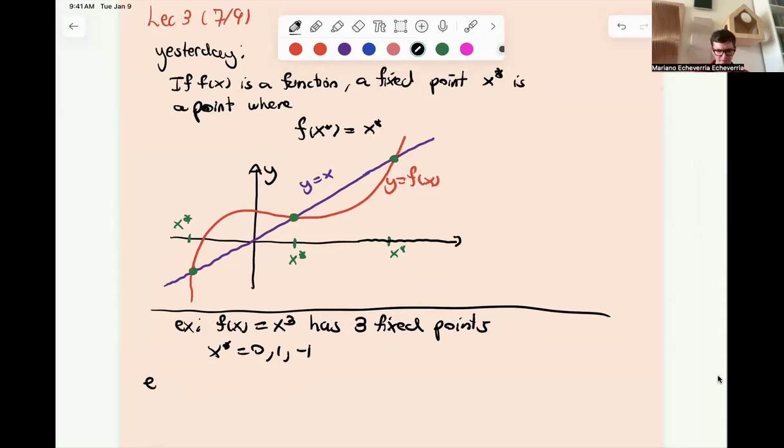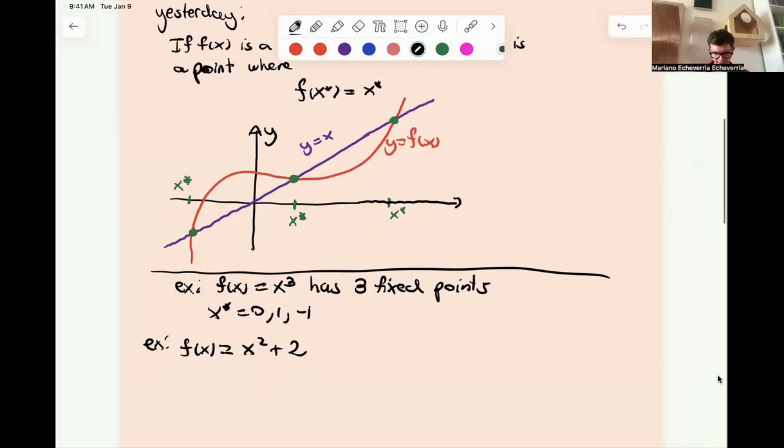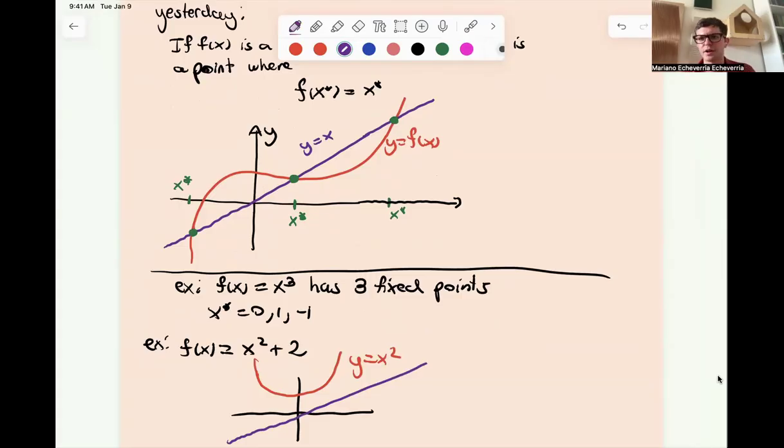For example, something like x squared plus 2. If you look at the graph of x squared plus 2, that's going to be a parabola that's always above the y equals x line. So the graph is not going to have a fixed point.